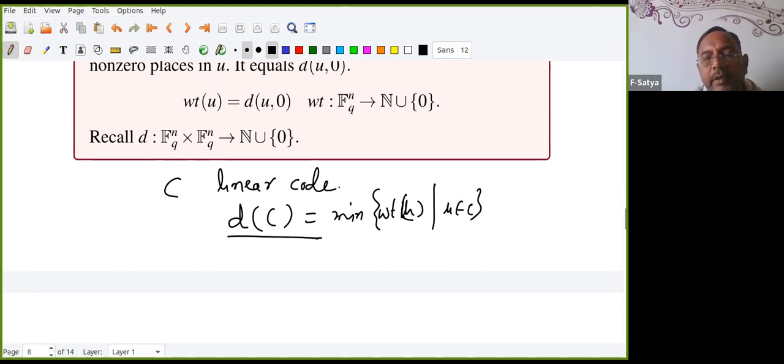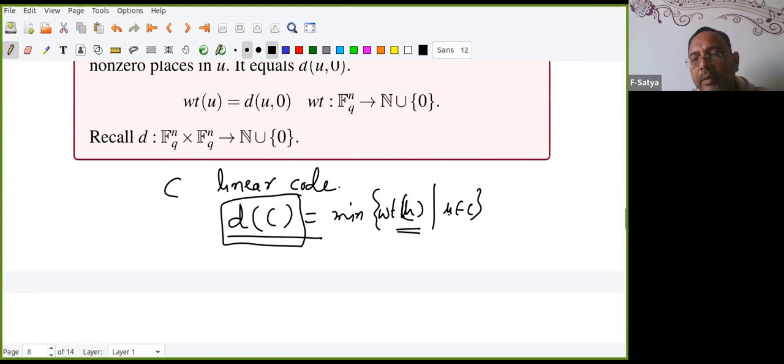Is the claim clear? The distance of the code is the minimum out of all the distances. But instead of evaluating the distance of the code, I'll only compute the weights now. Of all the words, and in fact the 0 word I do not need to compute.